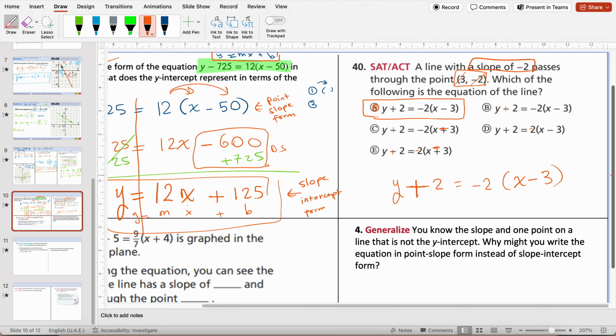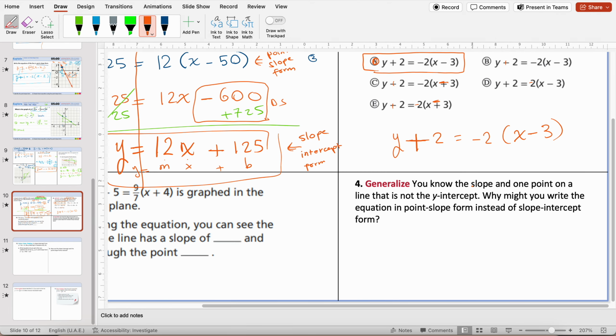Okay. You know the slope and one point. So I have m and a point, x1, y1, let's say, on a line that is not the y-intercept. Okay, so the point that I have is not 0b. It's any point, okay? Some other point. Why might you write the equation in point slope form instead of slope intercept form?